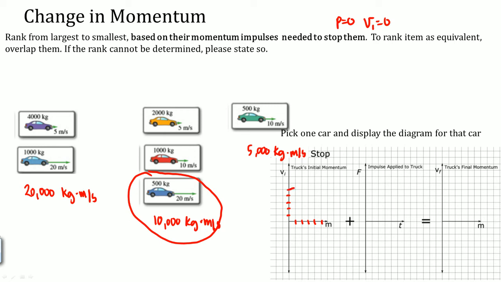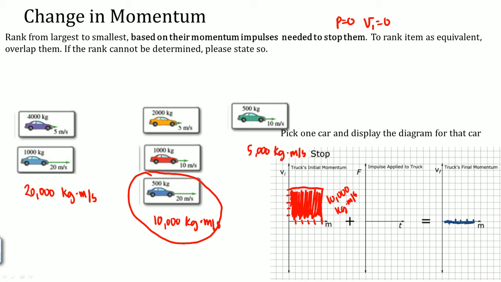So this would be right here. 1, 2, 3, 4, 5. This area here is going to represent my 10,000 kilograms times meter per second. And in the end, its ending momentum, its mass is the same, 1, 3, 4, 5, and it's completely flat, because it's zero momentum.